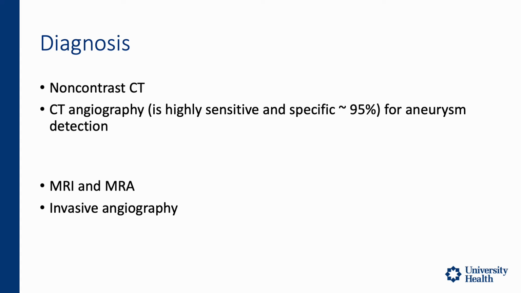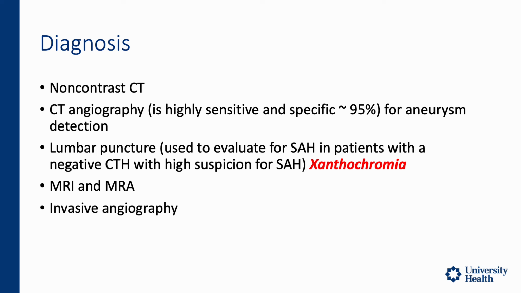So diagnosis, usually it's going to be a non-contrast CT. CTA is very sensitive and specific. It's about 95% for aneurysm detection. And usually for these patients also lumbar punctures. So say you get a CT head for a patient and you're very sure that the patient has a subarachnoid hemorrhage, but you want to make sure that you're 100% sure.